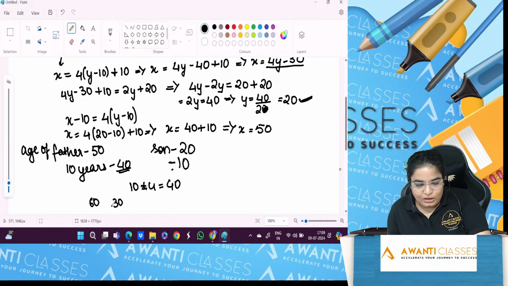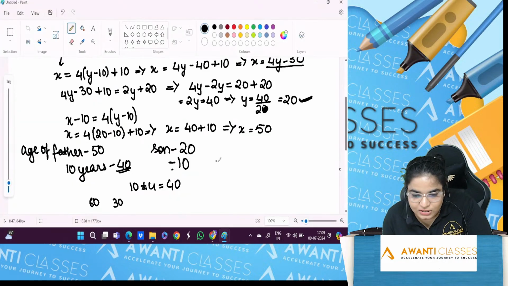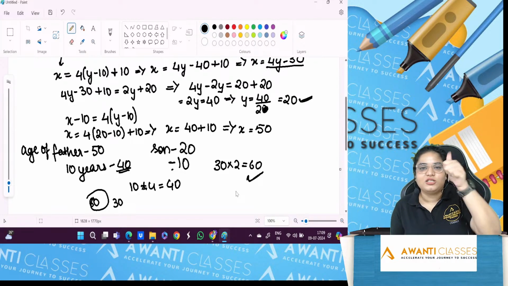Age of son in 10 years will be 30, into 2 is equal to 60. In 10 years the father will be 60. So this is also correct, which means our answer is correct.